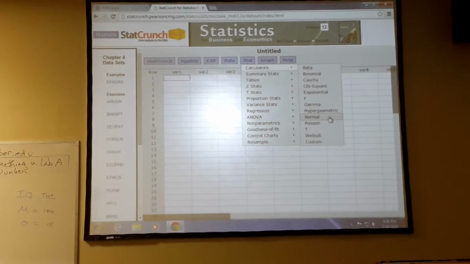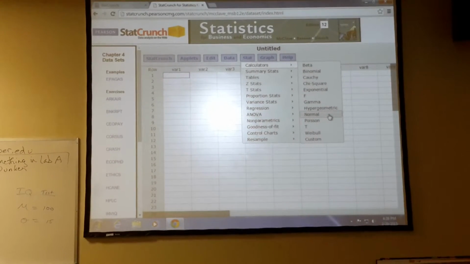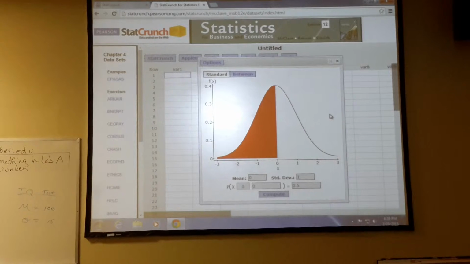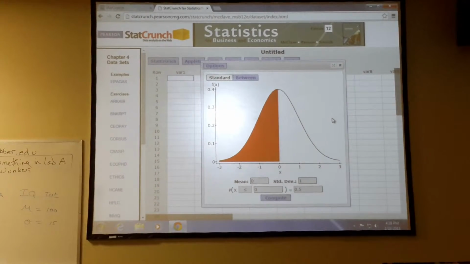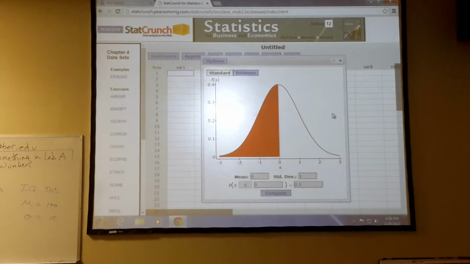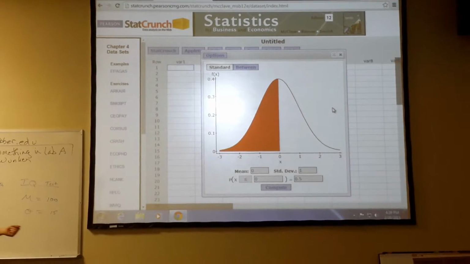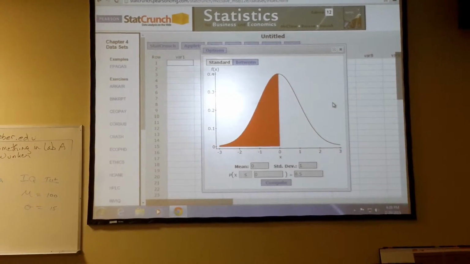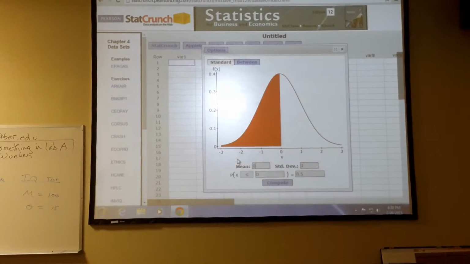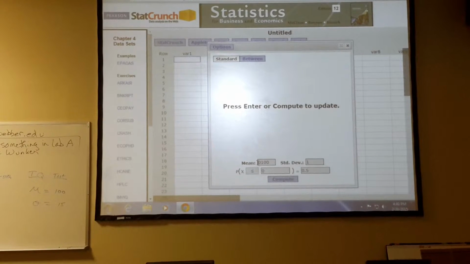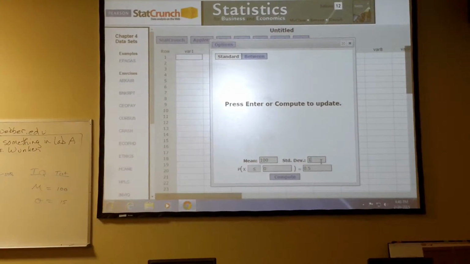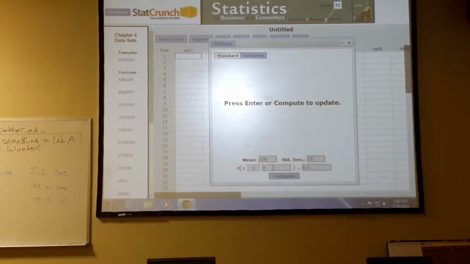But we also have a calculator for the normal distribution here. So we'll just click on that. That brings up our diagram here, and essentially we're just going to put in the information that we have. We have our mean of 100. We have our standard deviation of 15.